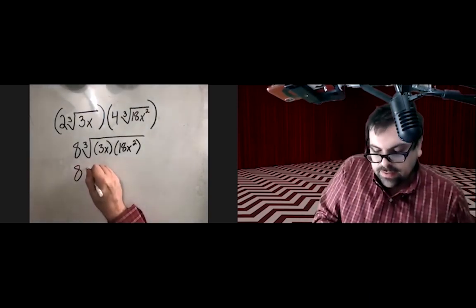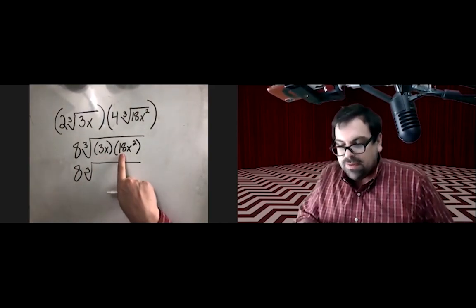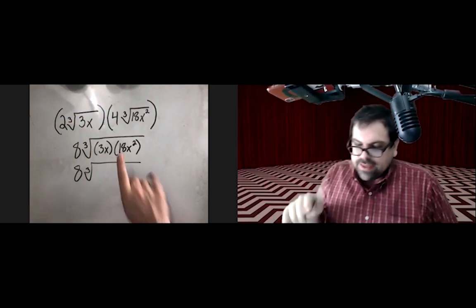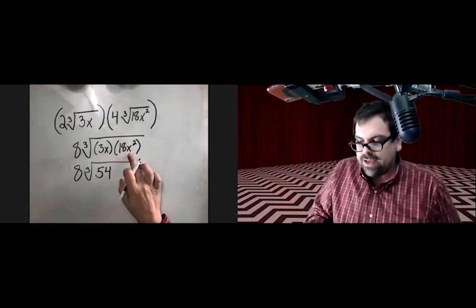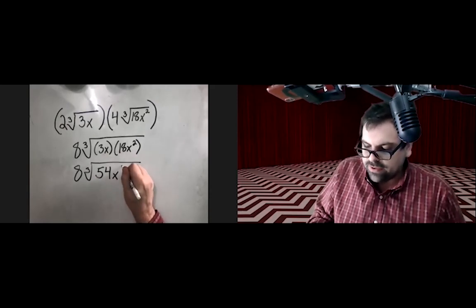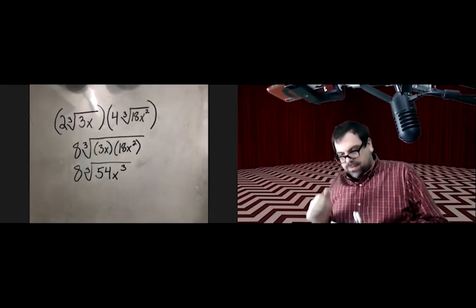So 8 times the cube root, 3 times 18 is 54. x times x squared, add the exponents, is x cubed.